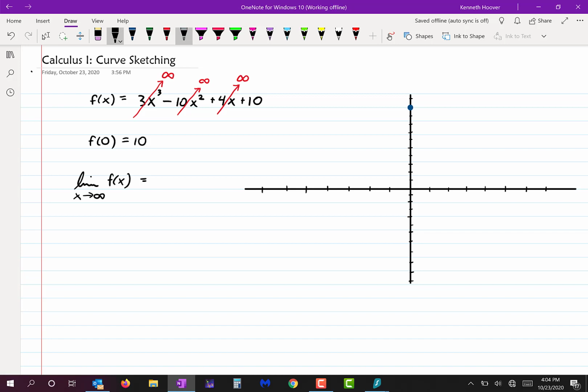This infinity right here is way bigger than this one, because that's coming from x cubed, and this is coming from x squared. And x is getting infinitely big.